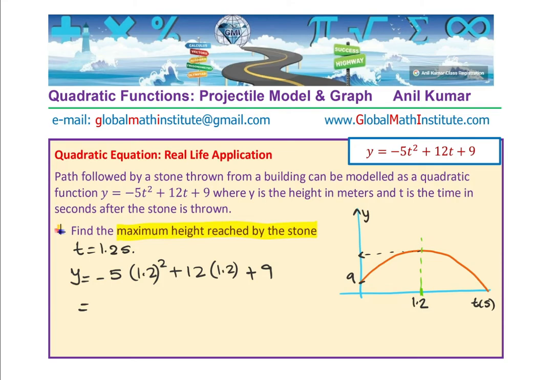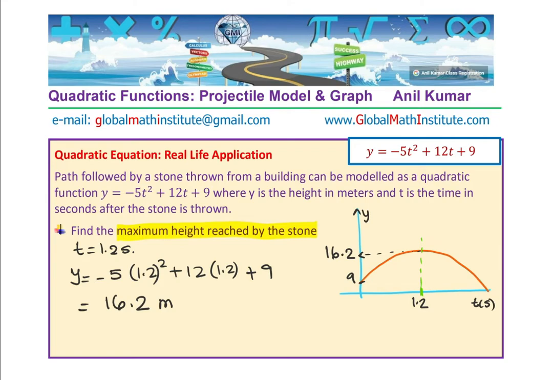So I'll do minus 5 times 1.2 square plus 12 times 1.2 plus 9. And I get 16.2 meters. So the maximum height reached is 16.2 meters.